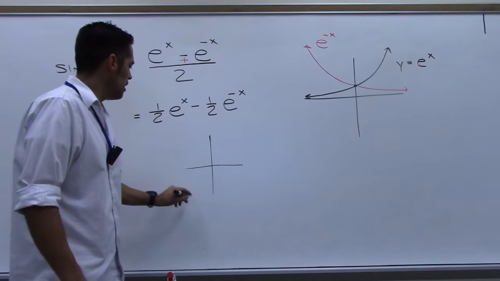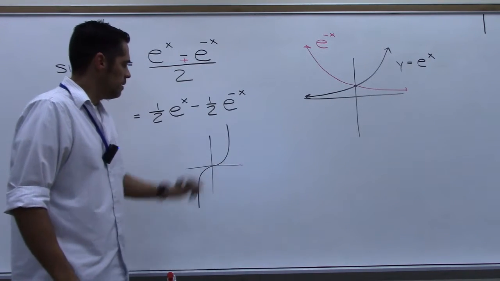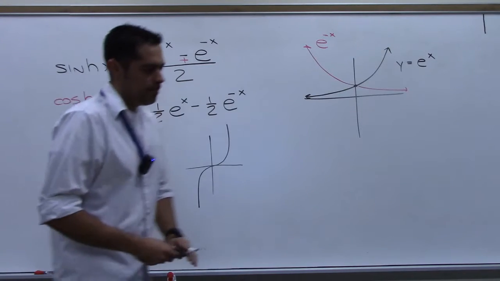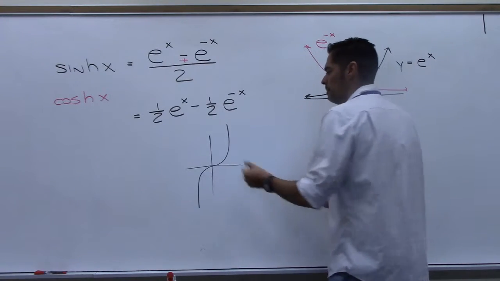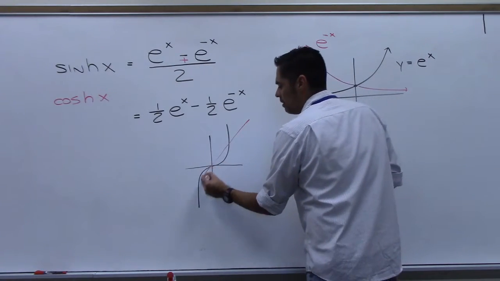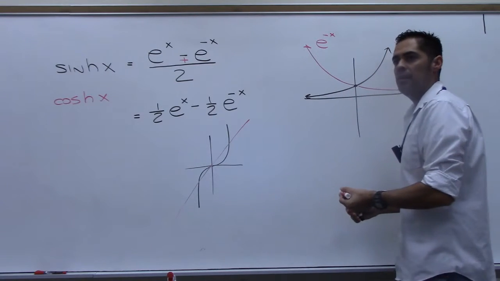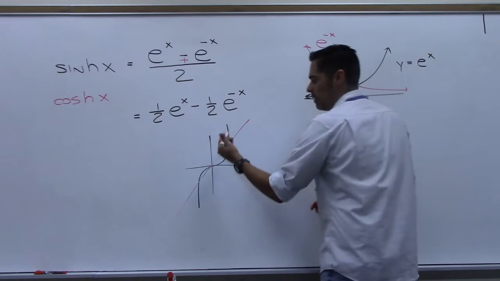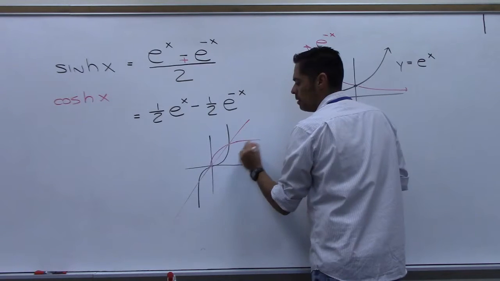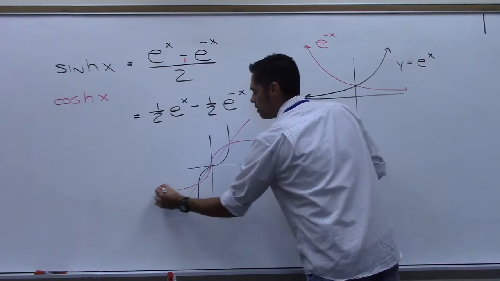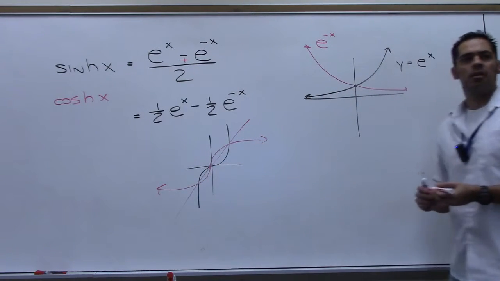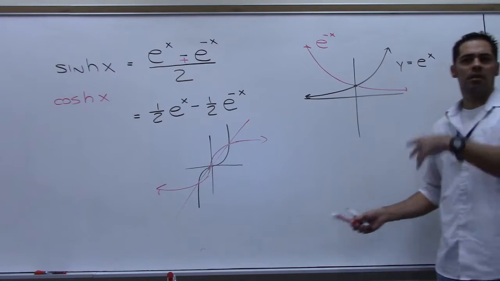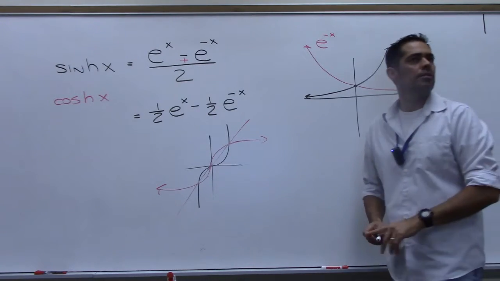Tangent looked like this. And so if you were to take that function and look at its inverse reflected over the identity line, it would look like this. That's what your arctan looked like. So it's similar to arctan. It's not arctan, but it's similar to it.